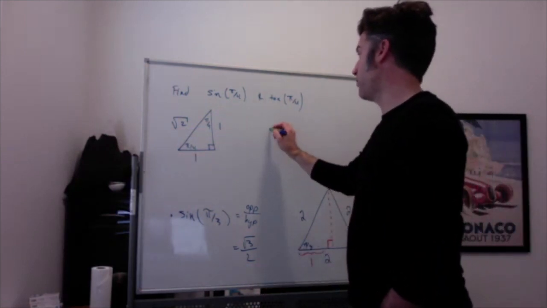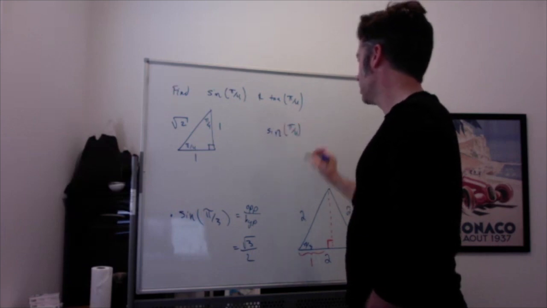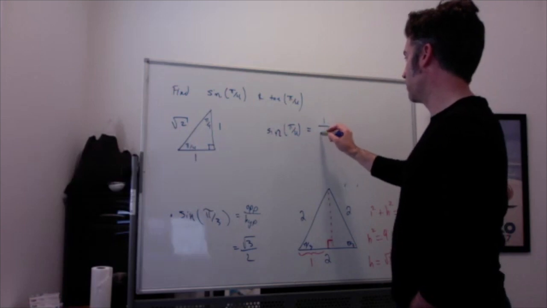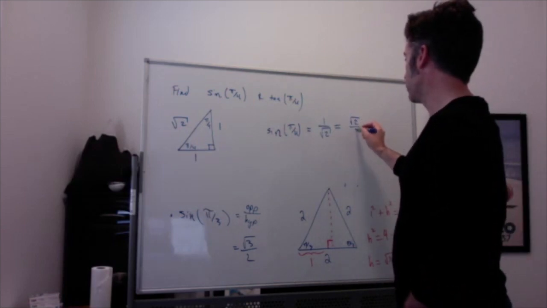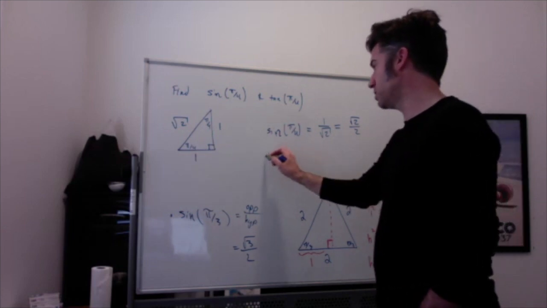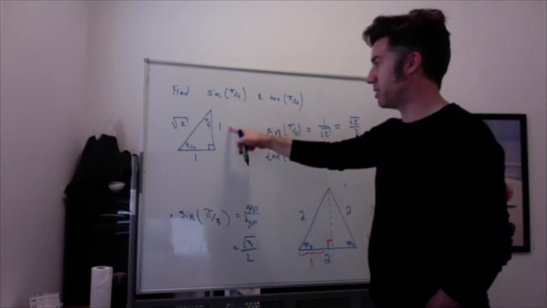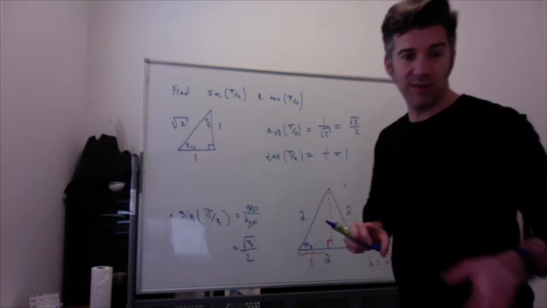So sine of pi over 4 is the opposite over the hypotenuse, which is 1 over the square root of 2, which we rationalize as root 2 over 2. And tangent of pi over 4 is the opposite over adjacent, which is 1 over 1, which is 1. So that's how we get those values.